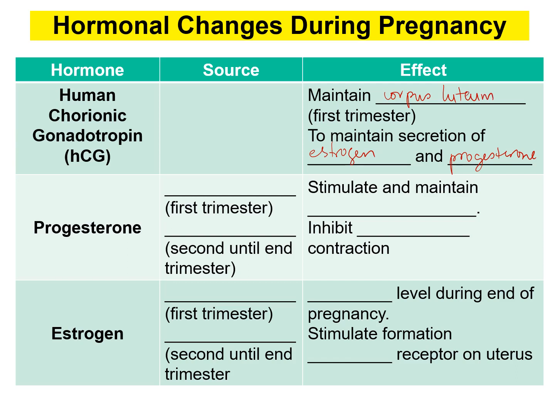Progesterone, the source, meaning the structure that secretes progesterone during the first trimester, is the corpus luteum. While during the second trimester until the end of the pregnancy, it is secreted by the placenta.